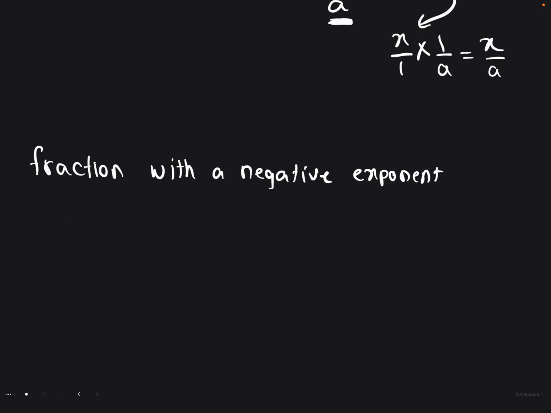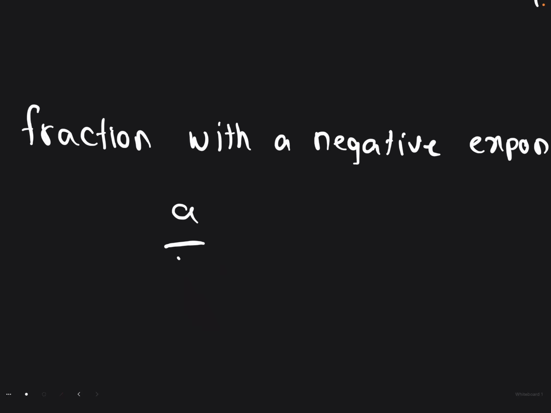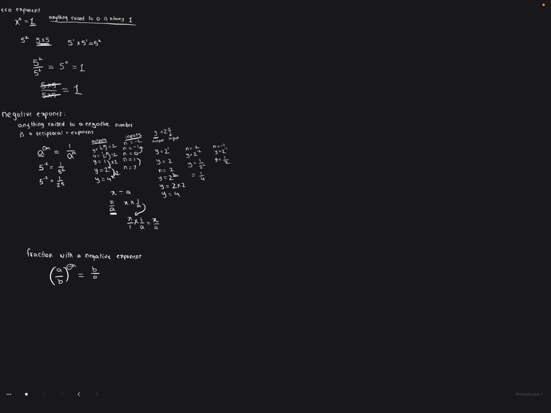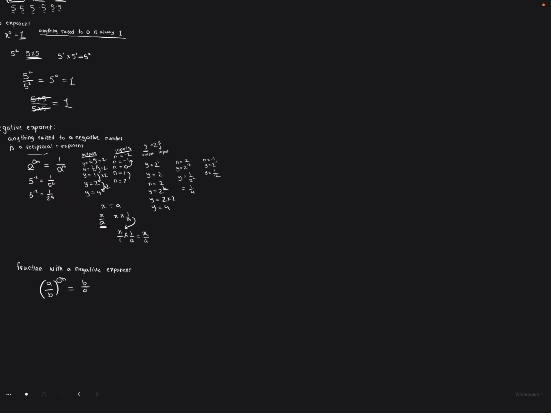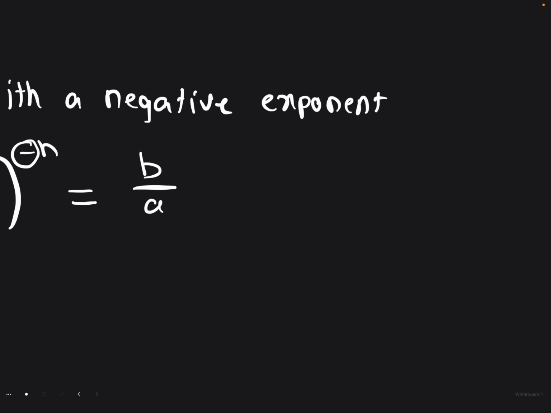So let's say we have a over b raised to negative n, right guys? When we get rid of this negative, we reciprocal it, like we said here: b over a, and then this becomes n.